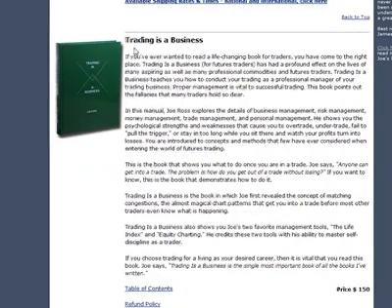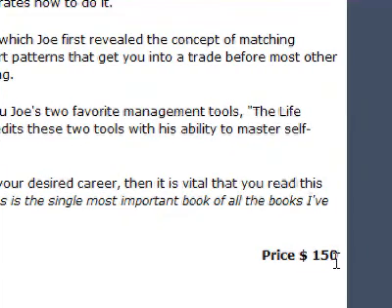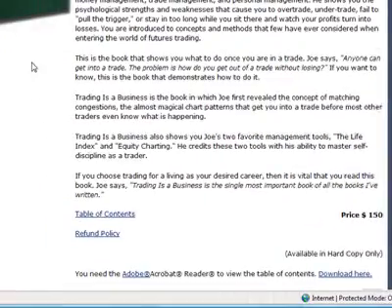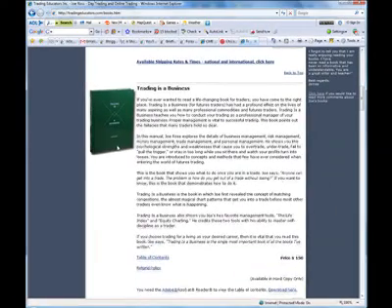This book is one of the all-time classics. I know the price tag is a little steep, but if you go to Amazon.com, a lot of times you can find it for cheaper than $150. Or on eBay, someone might be getting rid of it a lot cheaper. If price is an issue, obviously this is a great book to get and have in your archives.